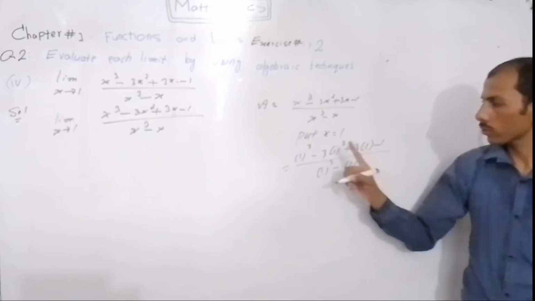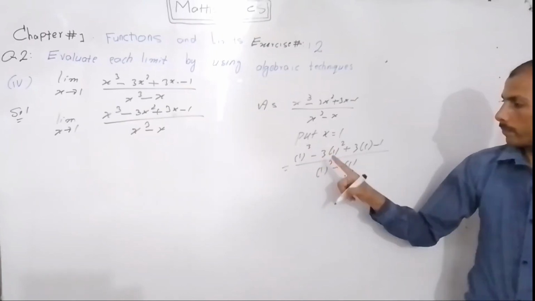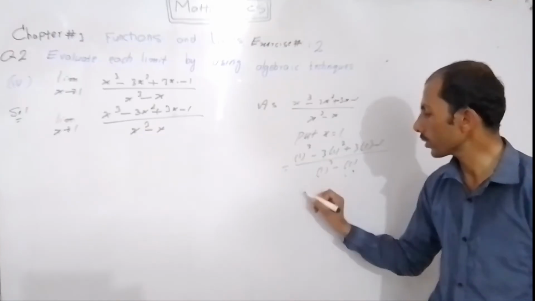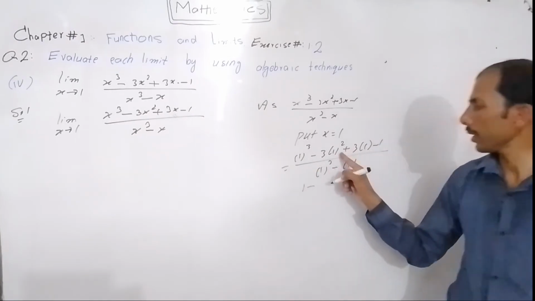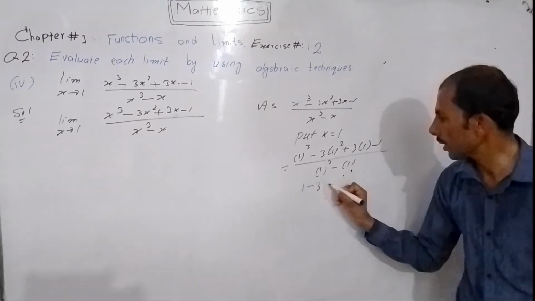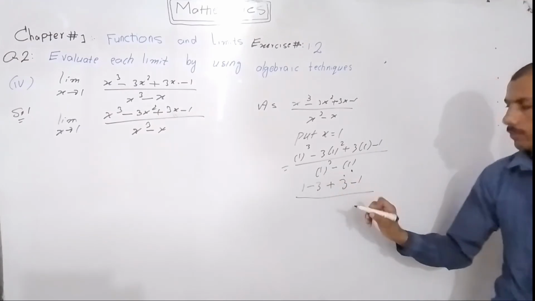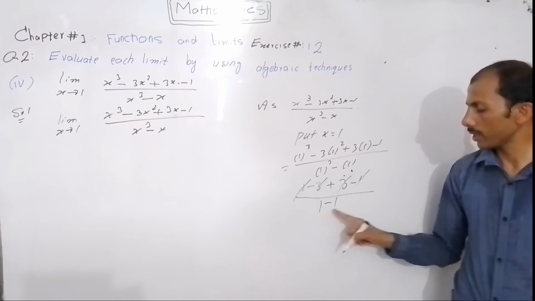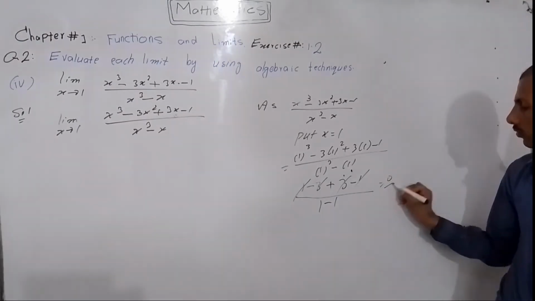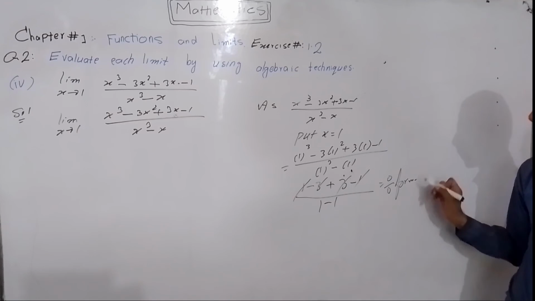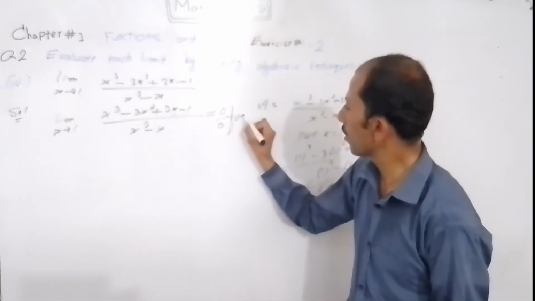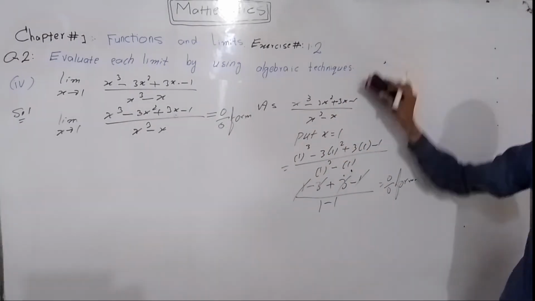Using power, subtract and plus rule: 1 minus 3 plus 3 minus 1, divided by 1 minus 1. 1 minus 1 cancels, 3 minus 3 cancels, so it is 0 by 0 form.